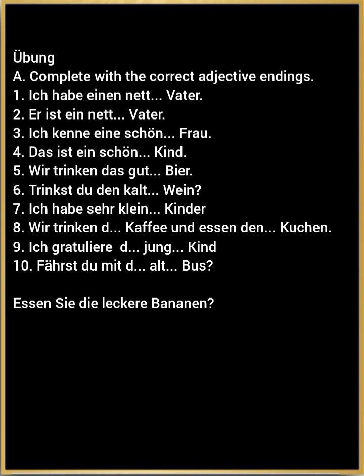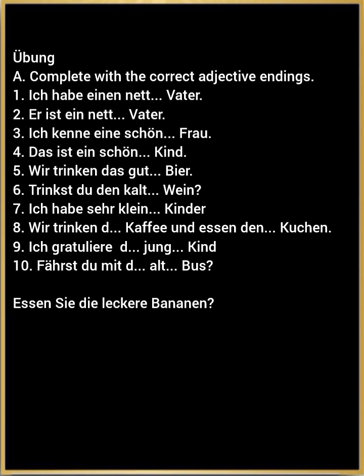I believe you are marking and correcting appropriately. How about number 3? Ich kenne eine, feminine, eine schöne Frau. Ich kenne eine schöne Frau. And then number 4, das ist ein. Now after ein for neuter, we add es to the adjective.